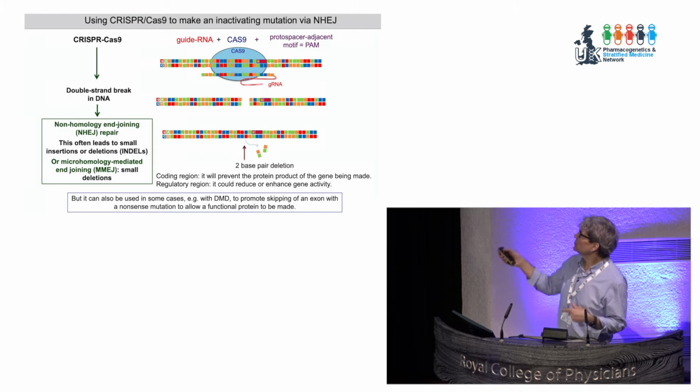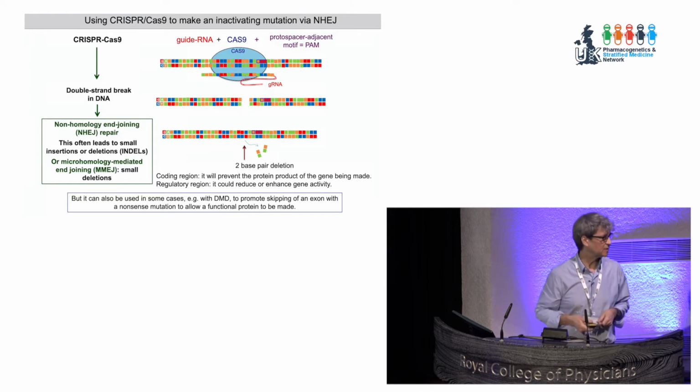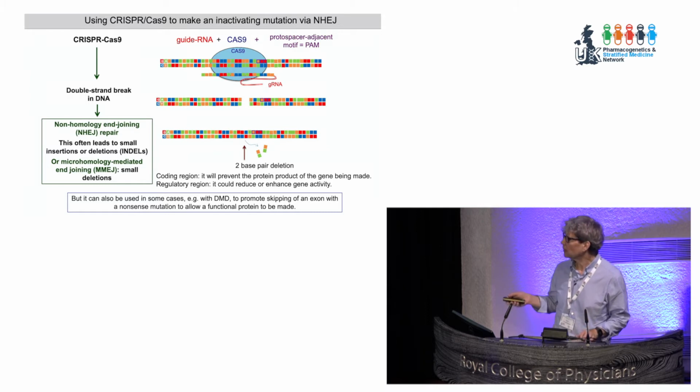So you make a double-stranded cut in your DNA, and the repair process is inaccurate, often leading to a small deletion or insertion at that breakpoint. This is a quite efficient way of making a mutation, either within a coding region of a gene, or you could target an enhancer, for example.